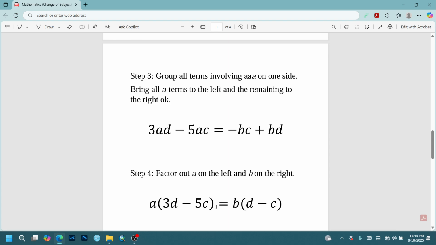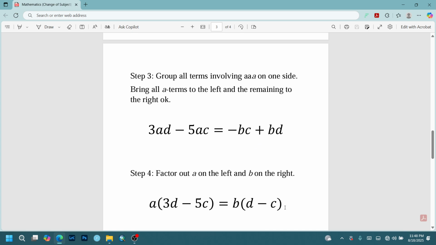And also B, which is the common factor here, is brought out. Which number can multiply B to get negative BC?